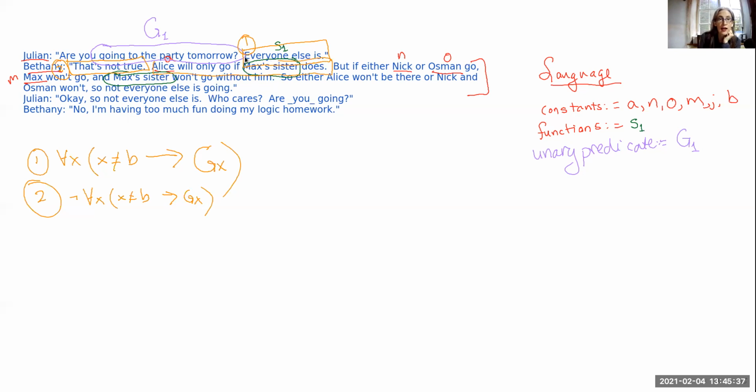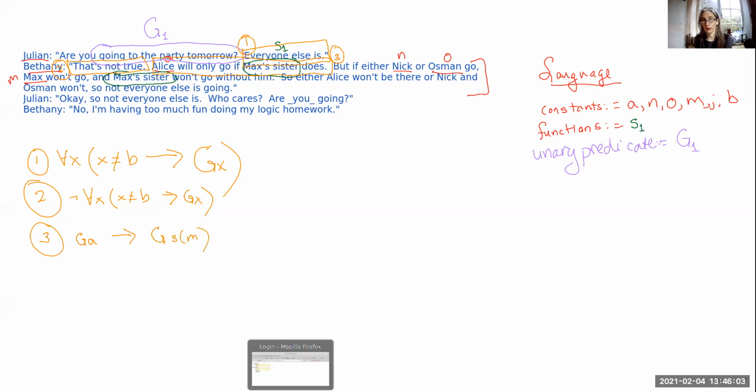She says because Alice goes only if Max's sister goes. So label that one. Number 3 says, if Alice goes, well, Max's sister going is a necessary condition for Alice's going. So if Alice goes, then the sister of Max also goes.